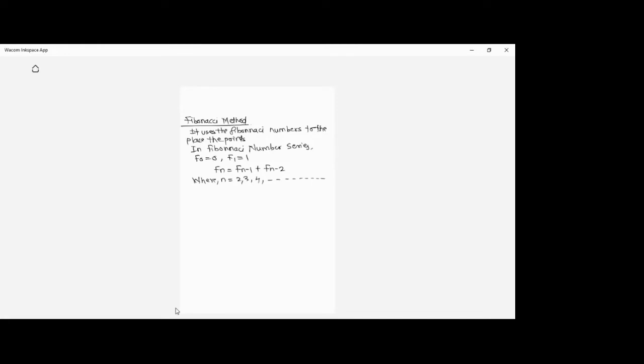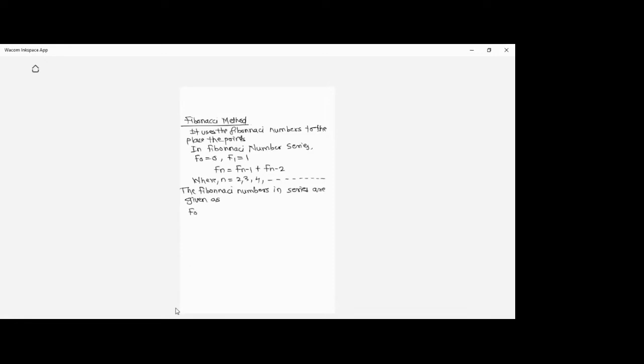Very easy to understand when I write these numbers. So the Fibonacci numbers in series are given as follows.